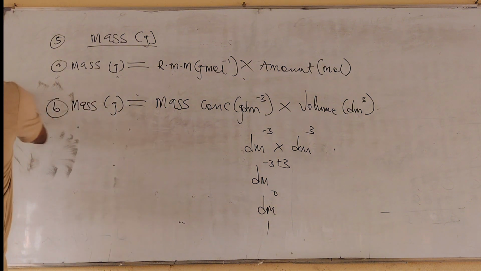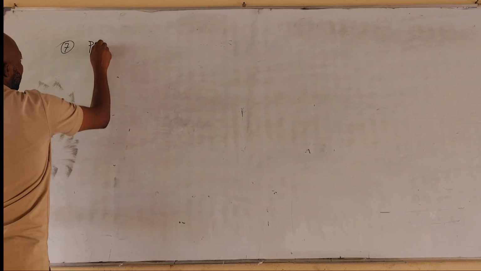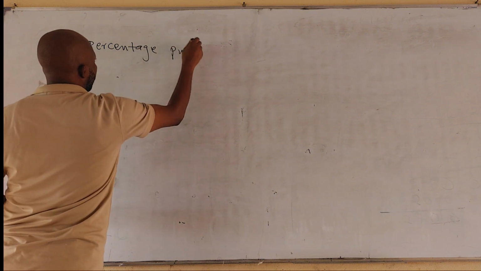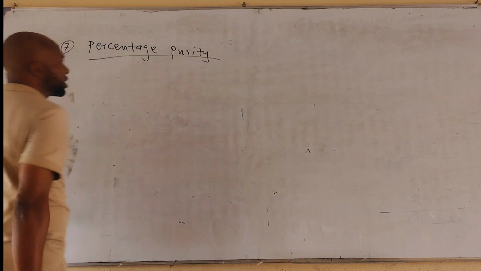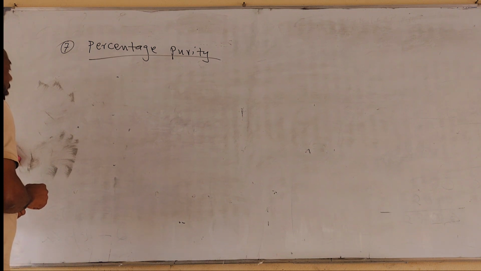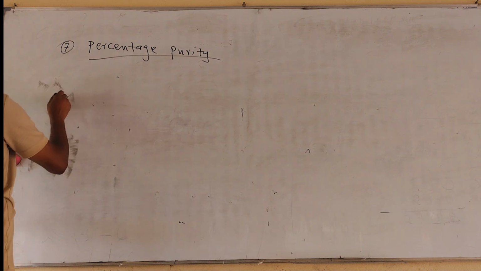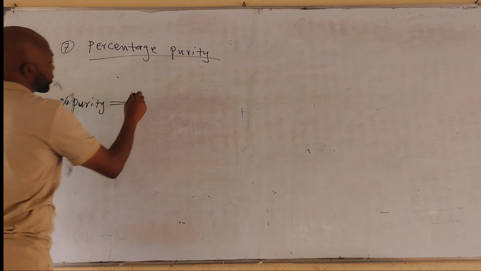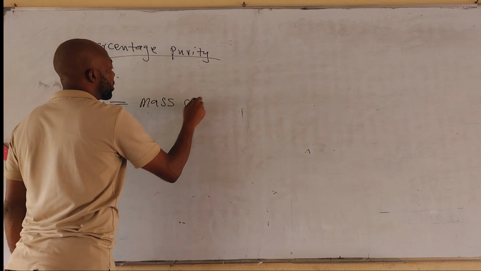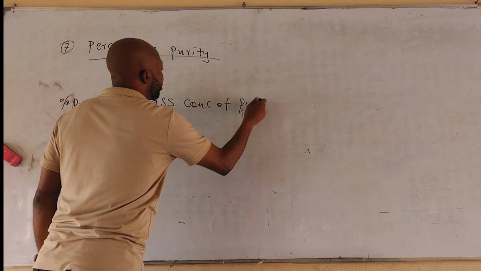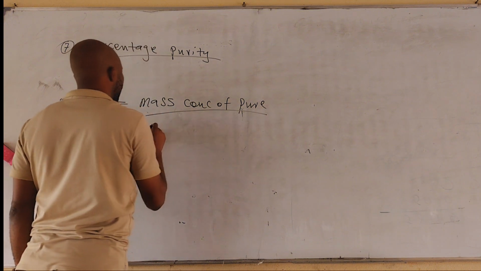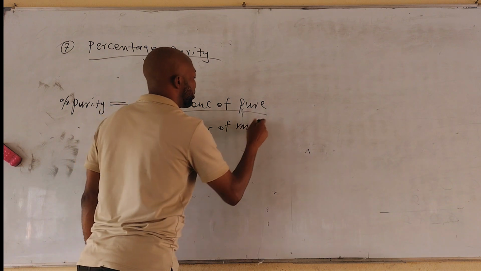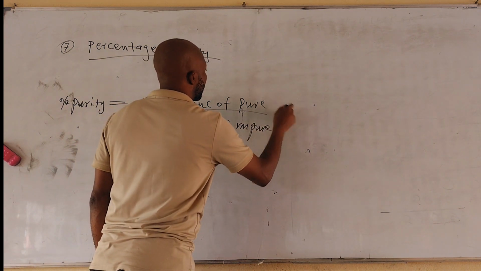Percentage purity. Now, percentage purity is equal to the mass concentration of pure sample over mass concentration of impure sample times 100.